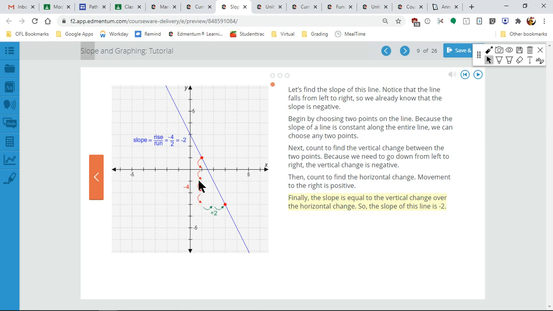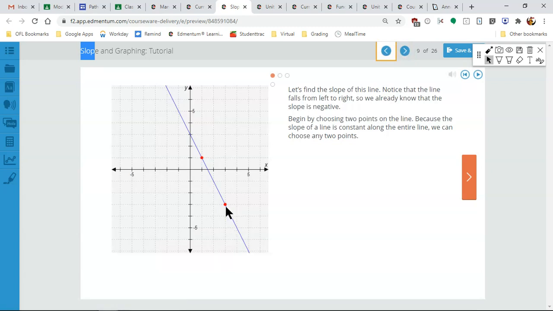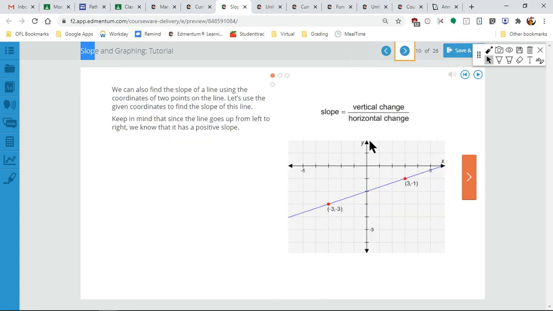Usually you measure going from left to right, but you can go right to left. Just remember you're putting your signs different. Like I said before, if I was going right to left, it would be negative, but I would be going up 4. So it'd be positive.